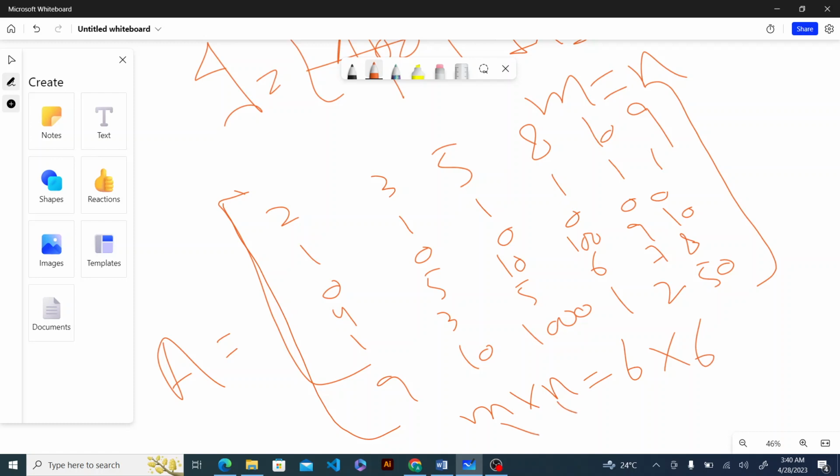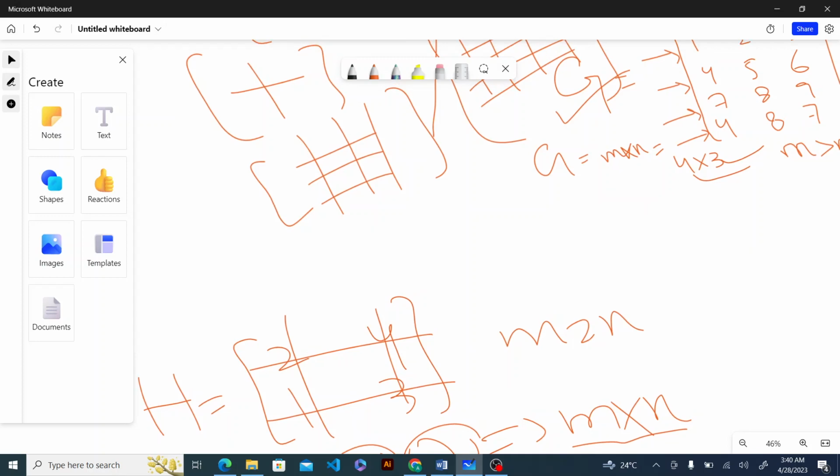Same number of rows and same number of columns. 6 rows, 6 columns, so it is a square matrix. Move forward.